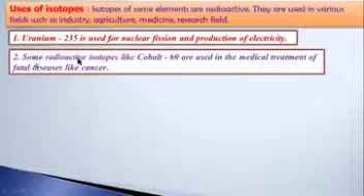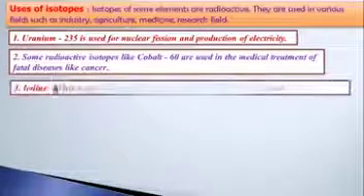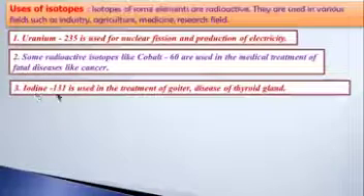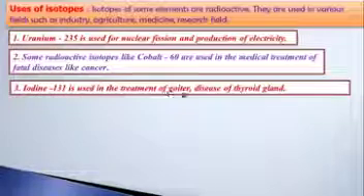Second, some radioactive isotopes like cobalt-60 are used in the medical treatment of fatal diseases like cancer. Third, iodine-131 is used in the treatment of goiter, a disease of the thyroid gland.